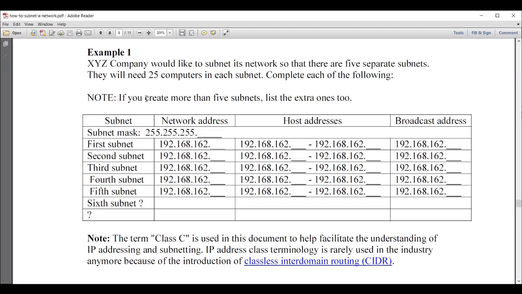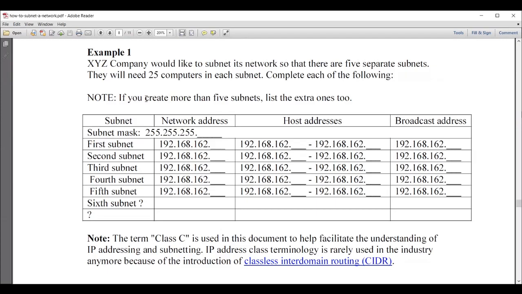When you deduct 2 from this 32, it becomes 30. That means you can make 30 host IP addresses for each of the 8 subnets. So the requirement has been satisfied, because they are asking for only 25 addresses for 25 computers in each subnet.